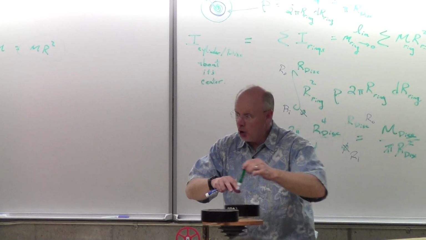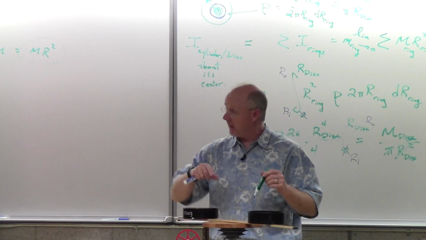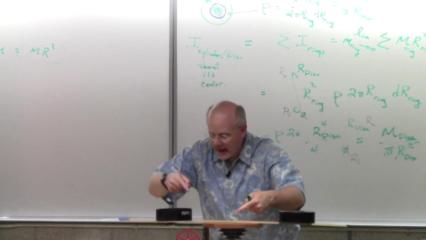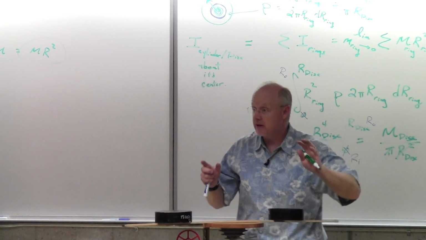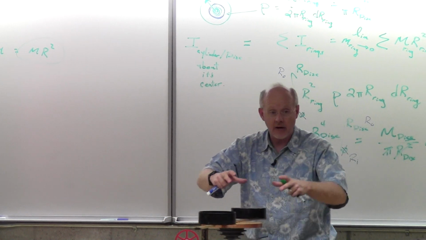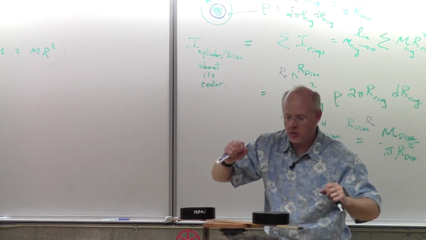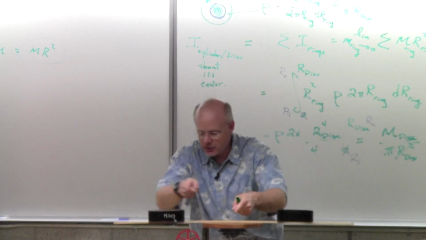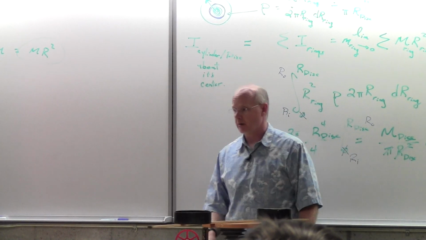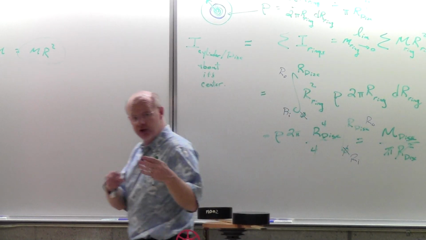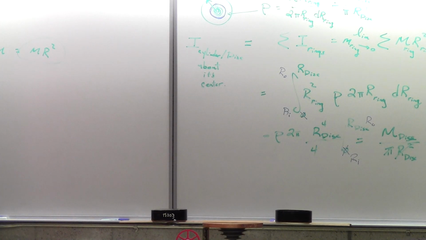Then I would take the hoop, mr squared. But then in addition to the hoop, I would add in this extra 25 centimeters. And then the same thing here. Here's the disc, 1/2 mr squared, plus the extra 25 centimeters there. Okay? And so then I would just add those 3 objects together.